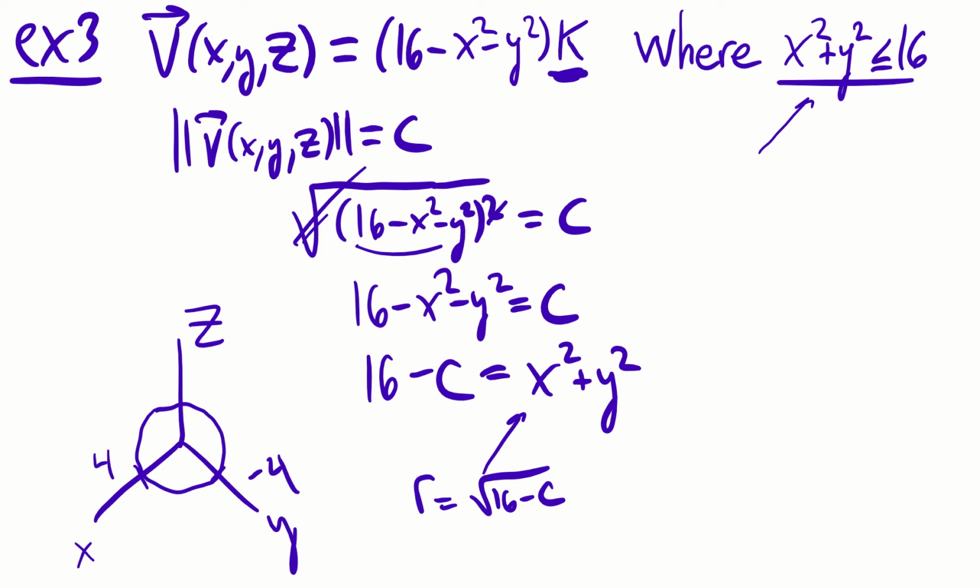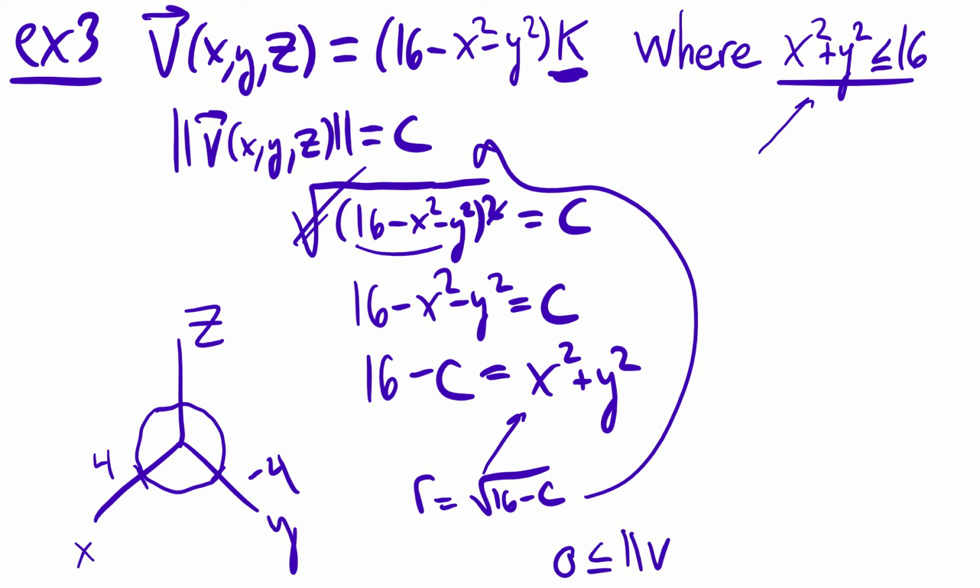So one of the things that we can quickly discern about the magnitudes of these vectors is that, because r has to be a positive value, and the magnitude c can't be negative, the magnitudes of these vectors will be bounded between 0 and 16.